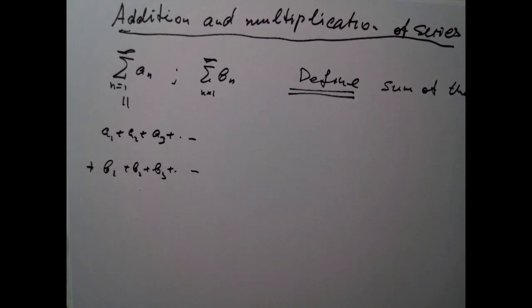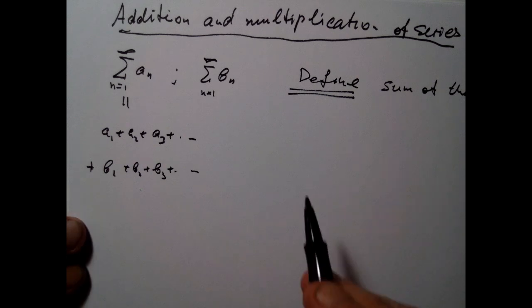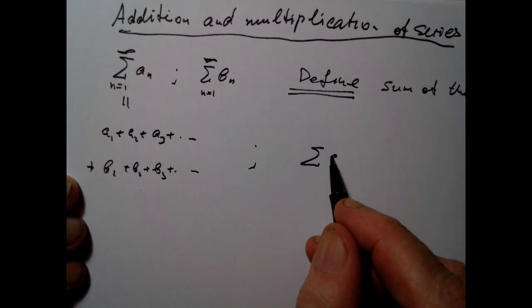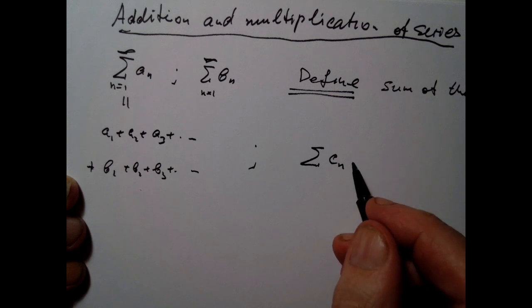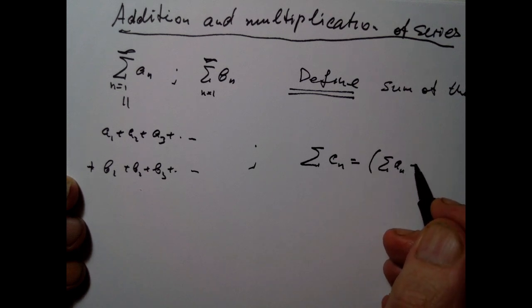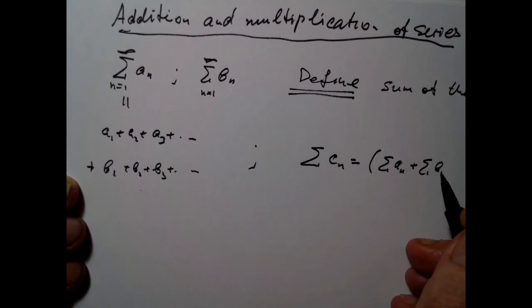Because now I don't have terms which go to infinity together. So what I would like to do is define the new series Cn, and this new series will be called the sum of the series an plus the sum of the series bn.